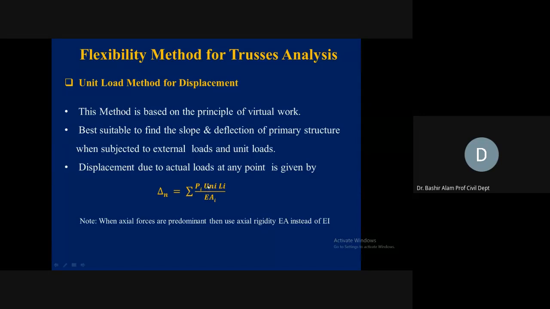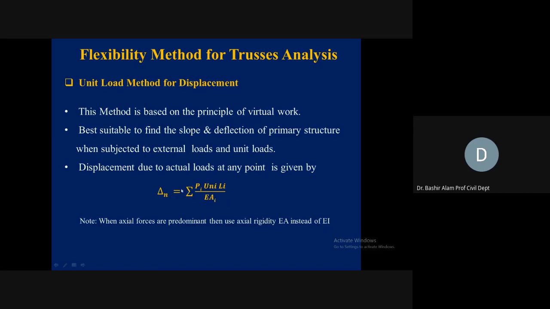This will become our U value because of the unit load corresponding to the redundant actions. So it is the product of P times U now, like there it used to be the product of capital M times m. And EI is replaced by EA now, the axial rigidity coming here.